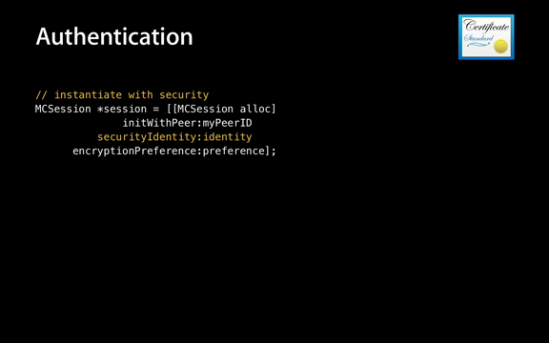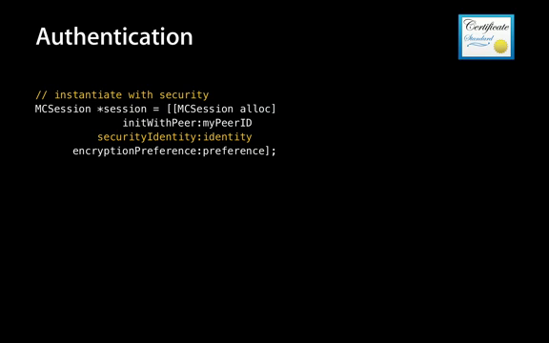And that method will require you to pass three parameters. The first one will be the same as before, a peer ID object. The second one will be your security identity. The third one will be encryption preference, which we will handle in more detail when we cover encryption. So for now, let's take a look at the security identity parameter.